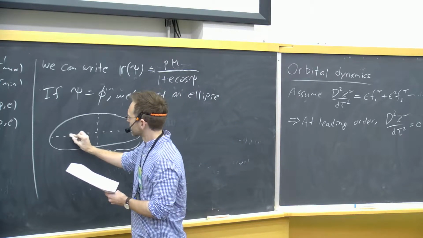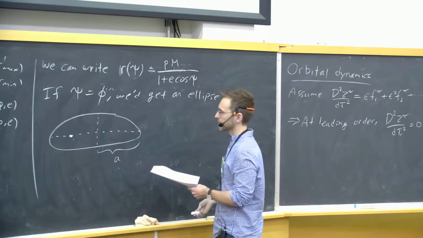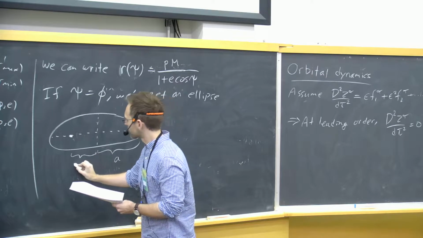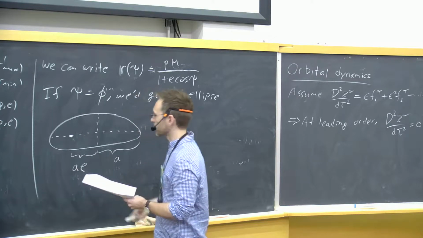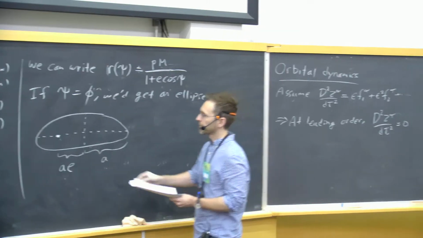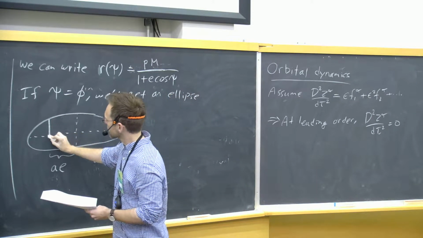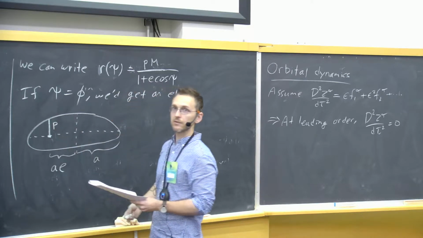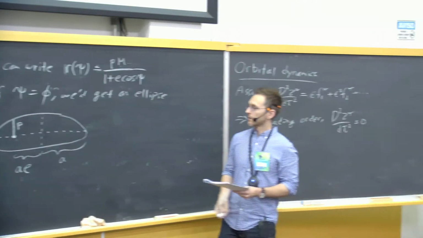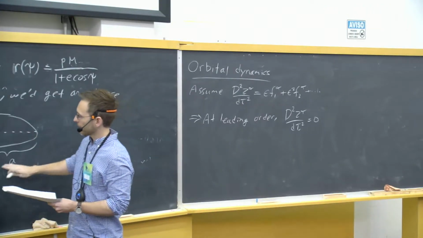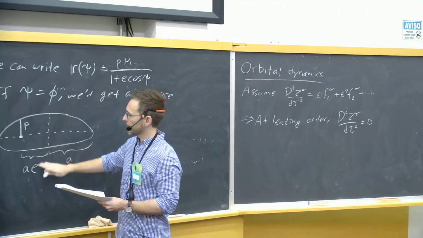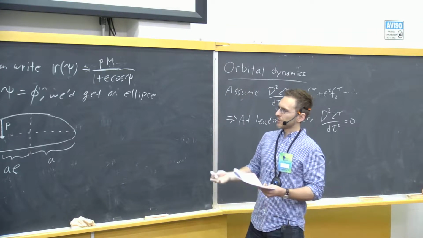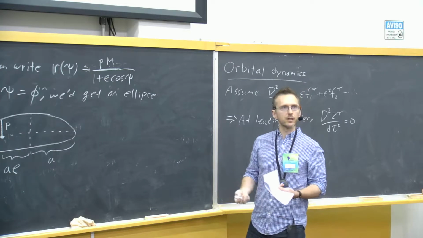This is one of the foci of the ellipse, and this distance here is the semi-major axis times the eccentricity. And then this distance here, the orthogonal line up to the orbit, that's what P is. So you could work with A and E, or you can work with P and E. For some reason, for relativistic orbits, people always use P. I don't know why nobody uses A.